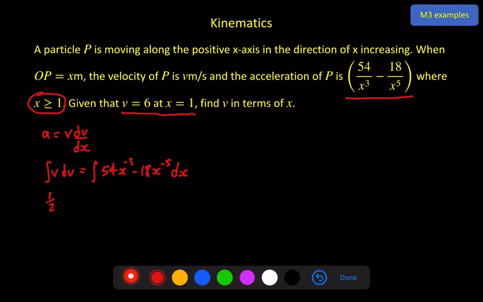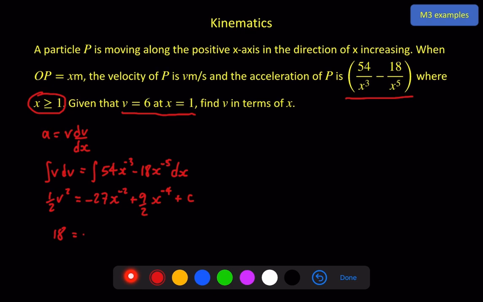So on the left, as expected, a half v squared. On the right, that becomes a minus 2, minus 27. This becomes a minus 4, so that's plus 9 over 2, plus c. Put in our boundary conditions. When v is 6, that gives us 18 again on the left.